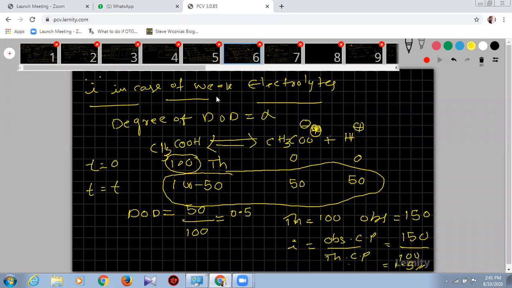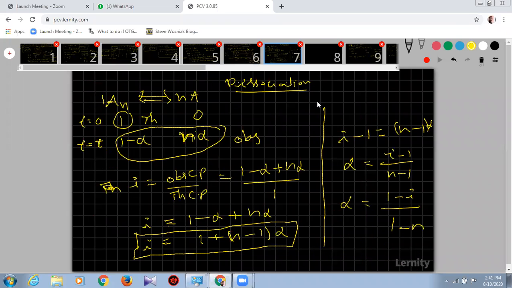In the case of weak electrolytes, for dissociation the formula is i is equal to 1 minus alpha plus n alpha. If it is association, i is equal to 1 minus alpha plus alpha by n.